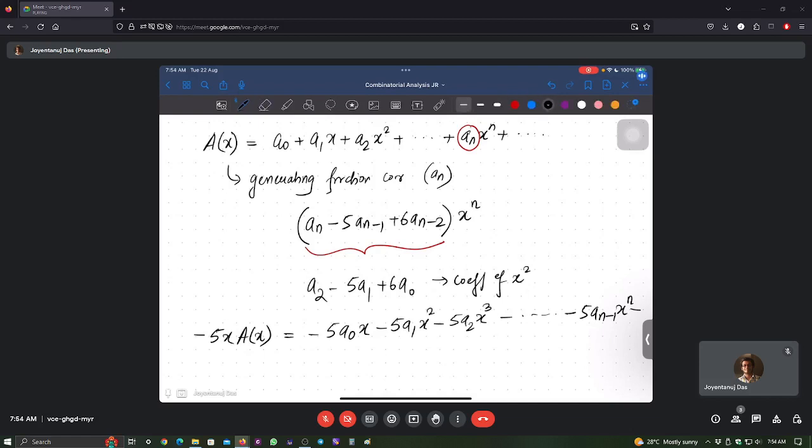Oh, okay. Yes. And then we also have to shift the last term to align with the previous two, and so multiply by 6. But this time we have to shift twice. So 6x squared, so 6 a0 x squared.